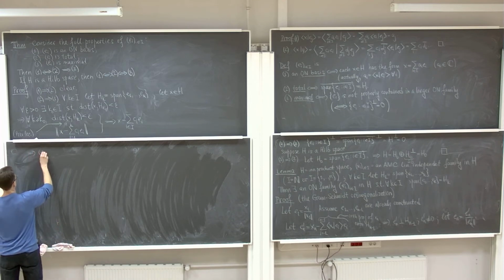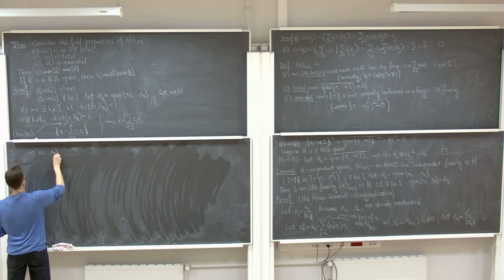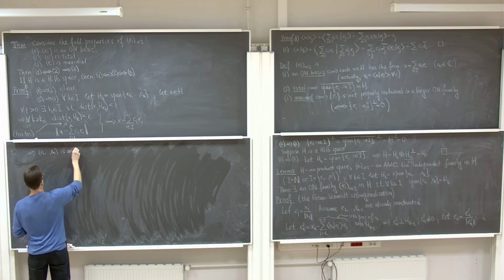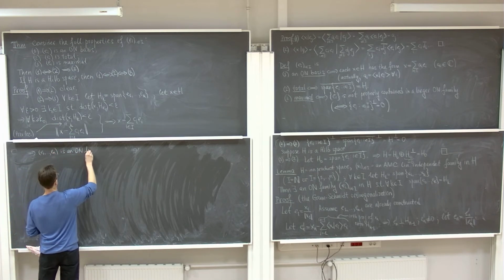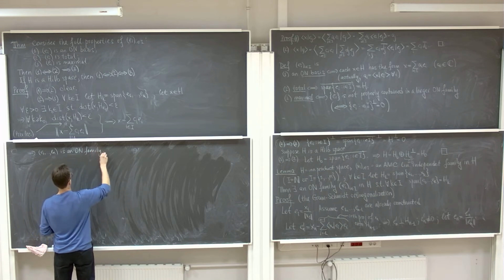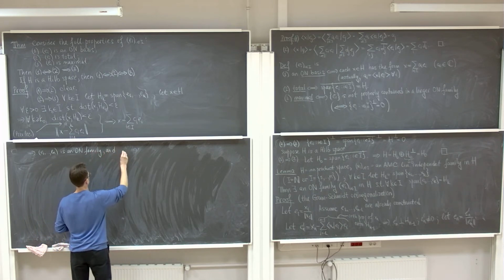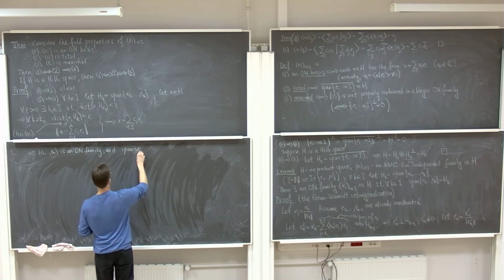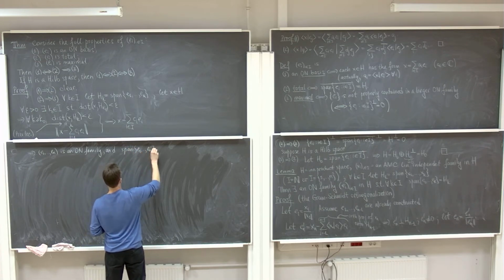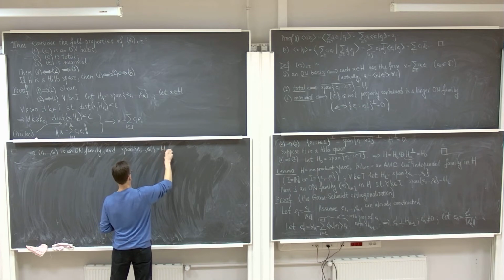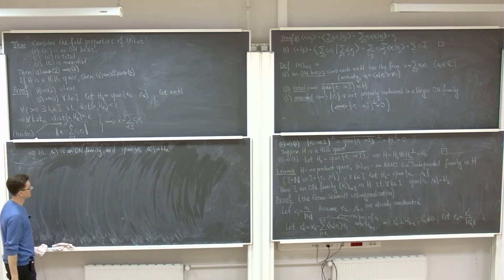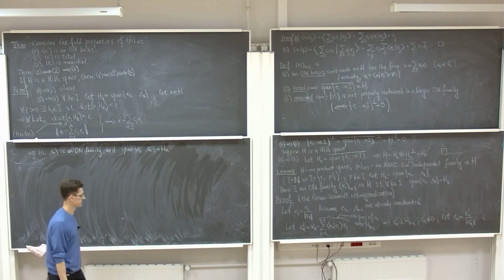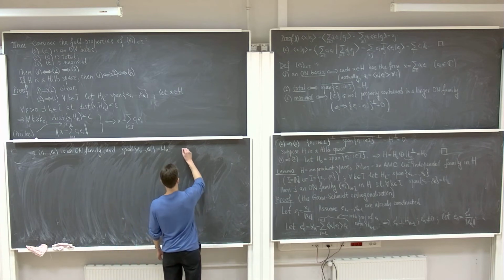By construction, E1 to En is an orthonormal family, and the linear span of E1 to En is Hn, just by construction. And this completes the proof.